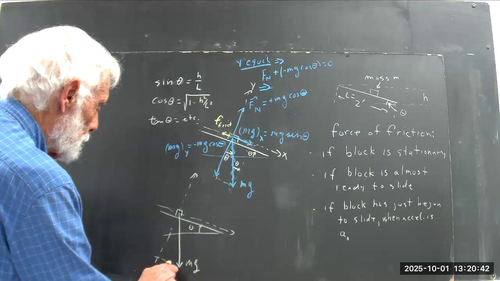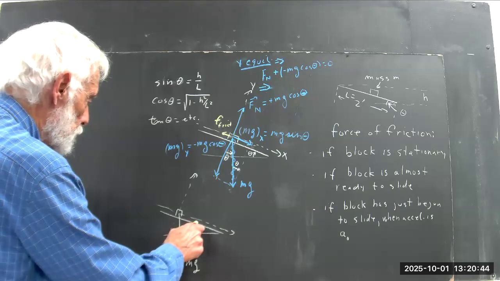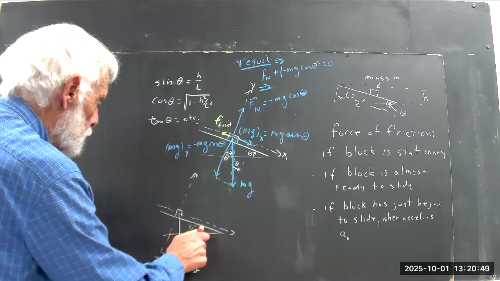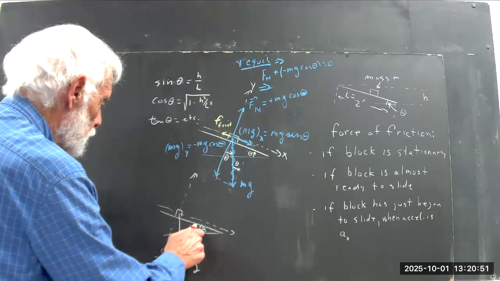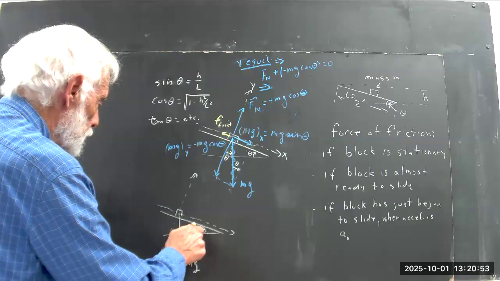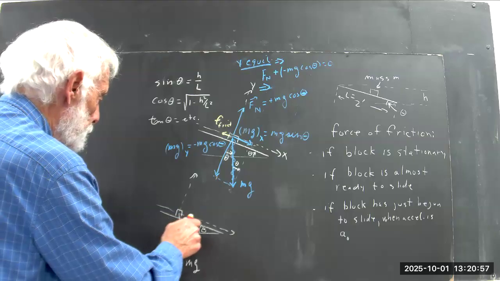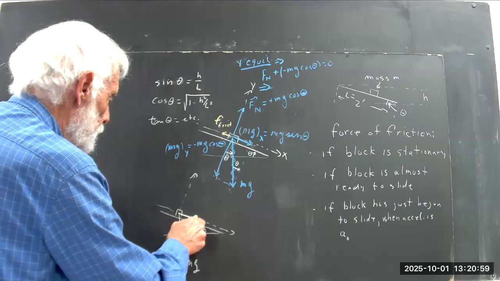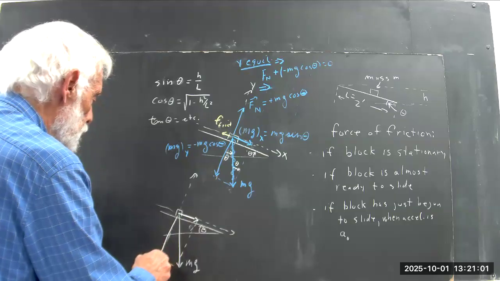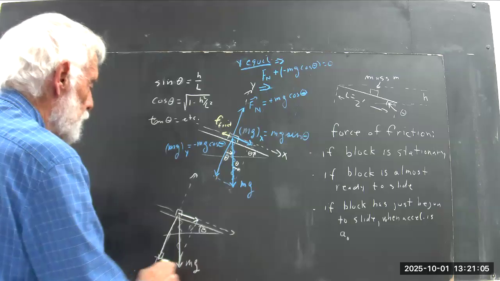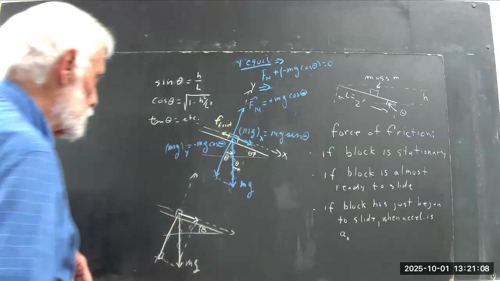You can project at right angles. I should put my theta here, it's hard to read, but anyhow, you project at right angles and you get the components of mg. So you can cross out mg, total equivalent to components.